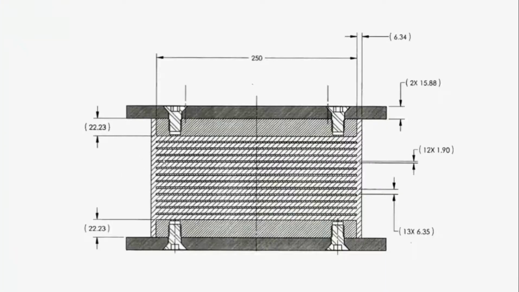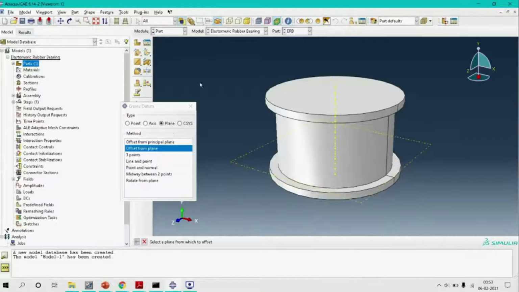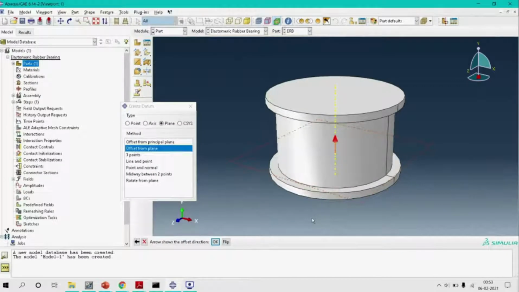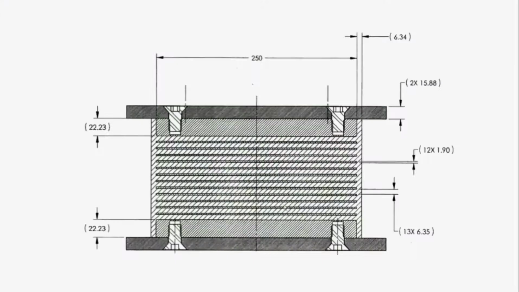In a similar fashion, we have to pass various datum planes through our model. So we will just be doing this. From this enter value, the other plane is just 6.35 above. Now the next will be above this plane, that is 1.9 mm above.